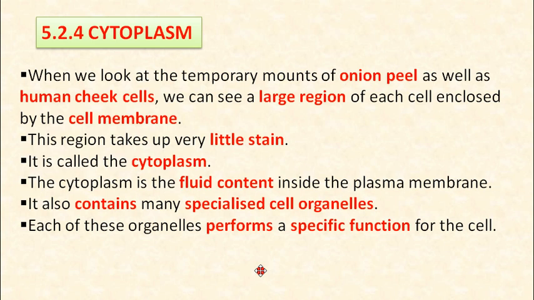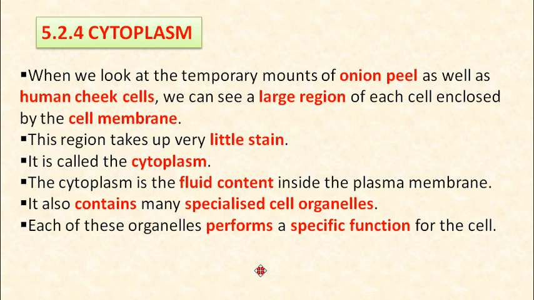The cell membrane is the outer layer of the cell. This region takes up very little stain. Staining means to give color, so it takes only a little stain. The region enclosed by the cell membrane is called the cytoplasm.